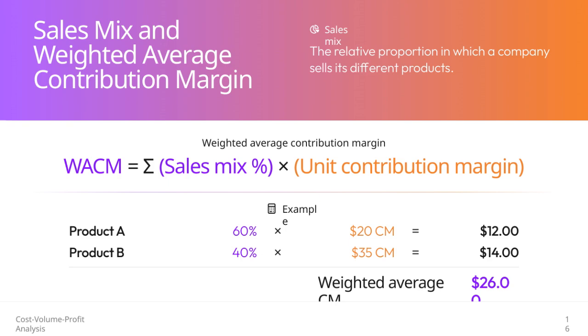Product B might make up 40% of sales with a $35 contribution margin, yielding $14 weighted. Adding these gives us a weighted average contribution margin of $26. This figure is crucial because it reflects the overall profitability per unit sold, weighted by the sales mix, and is used in cost volume profit analysis to support better decision-making and forecasting.